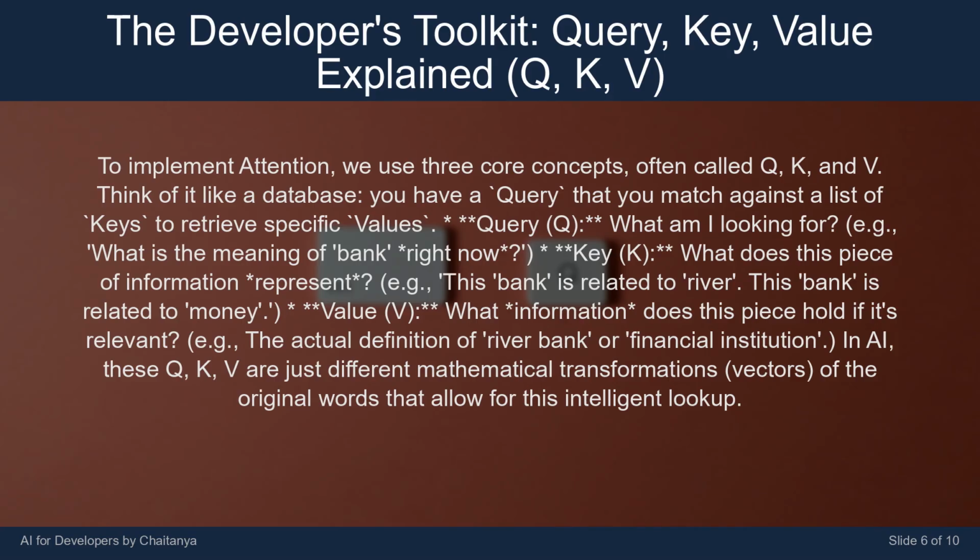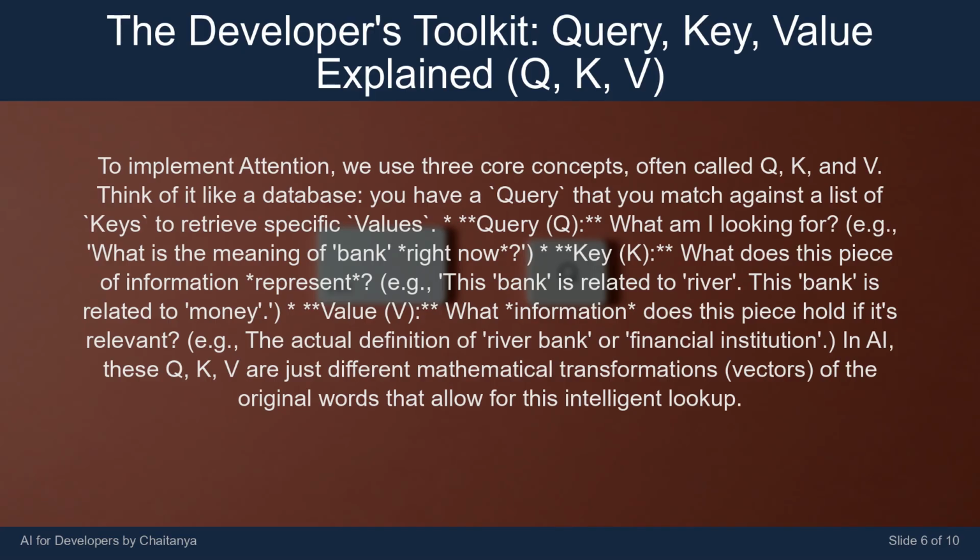E.g., this "bank" is related to river. This "bank" is related to money. Value, V: what information does this piece hold if it's relevant? E.g., the actual definition of river bank or financial institution. In AI, these Q, K, V are just different mathematical transformations, vectors, of the original words that allow for this intelligent lookup.